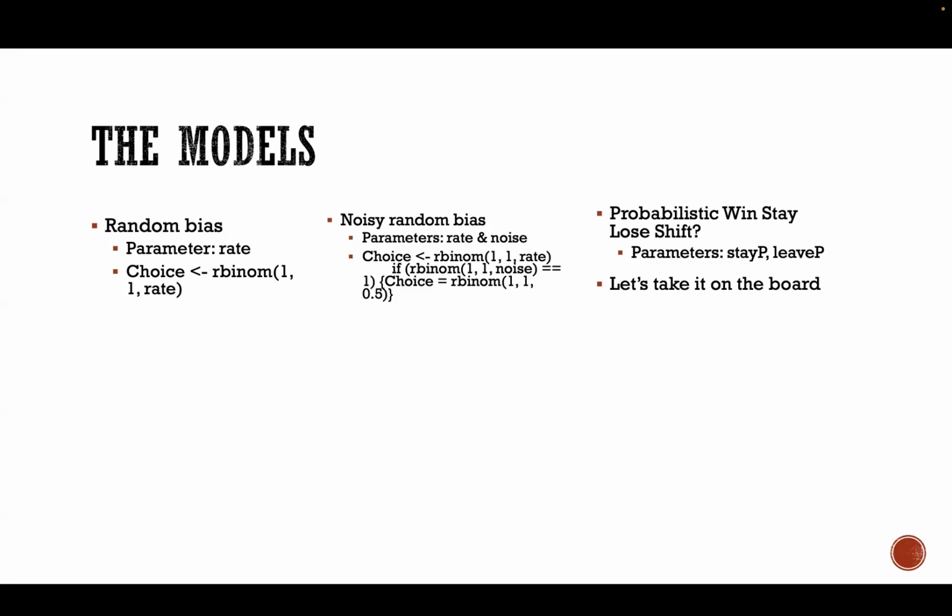How would you formalize a probabilistic win-stay-lose-shift in terms of a generalized linear model, in terms of an equation that is like y as determined by 1 plus x, 1 plus x2, and so on?